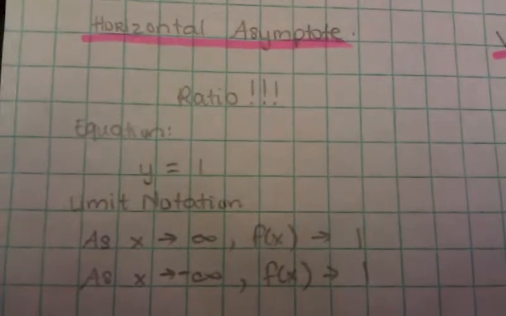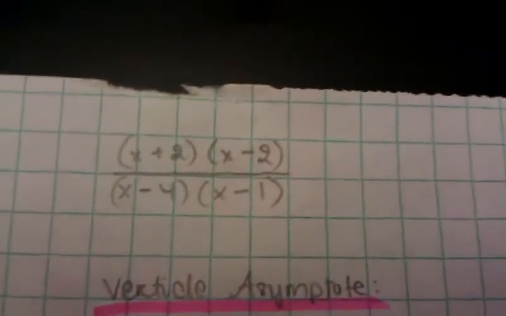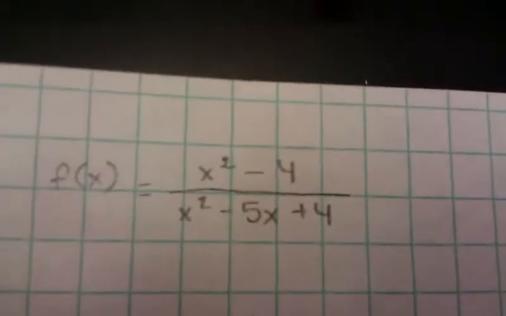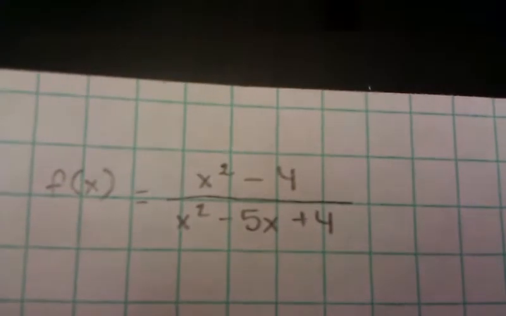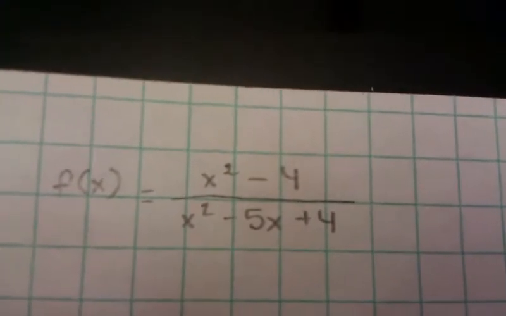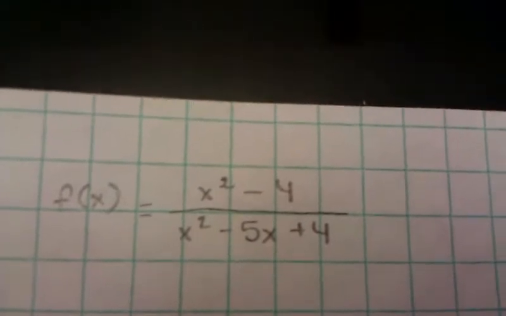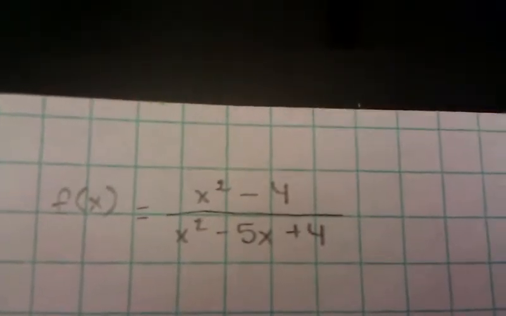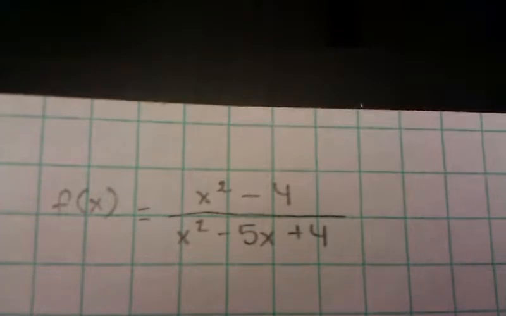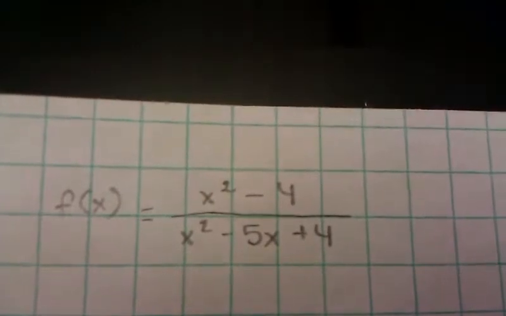Next, we will find the vertical asymptote by factoring the equations. Look back at the rational function. X squared minus 4 is really familiar to us because this is the difference of two squares. So we will have x plus 2 times x minus 2.